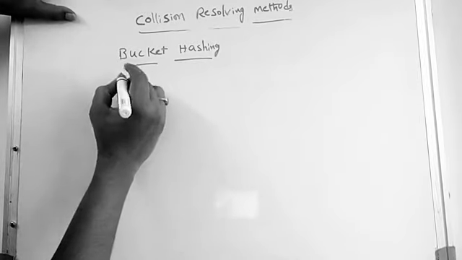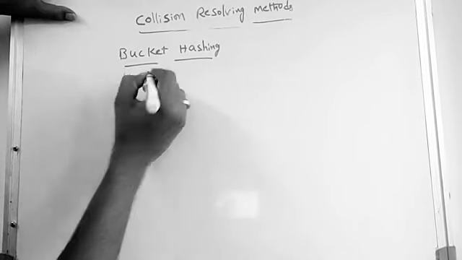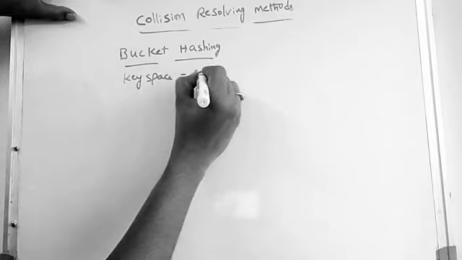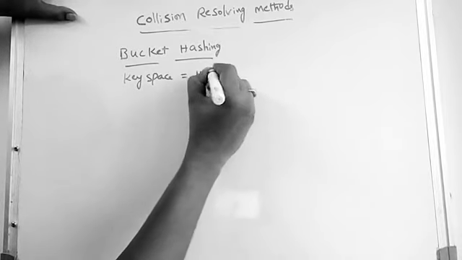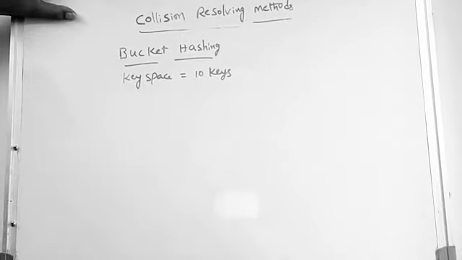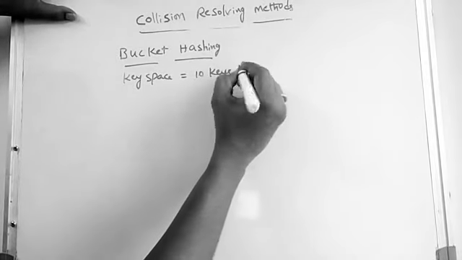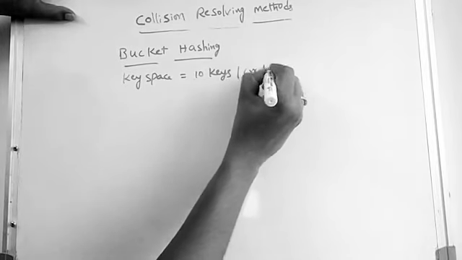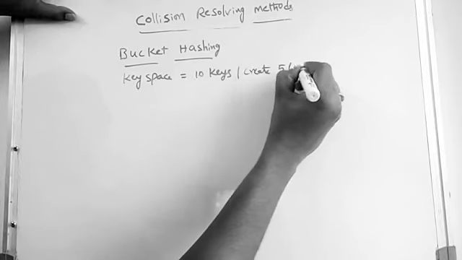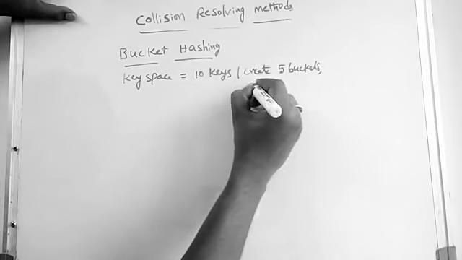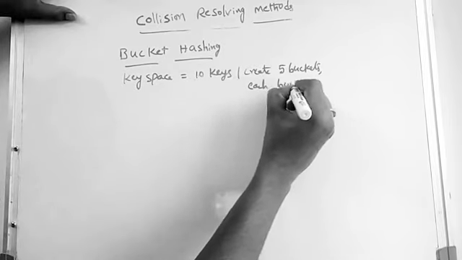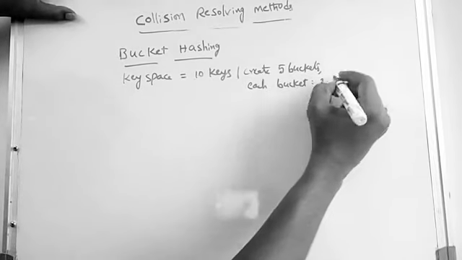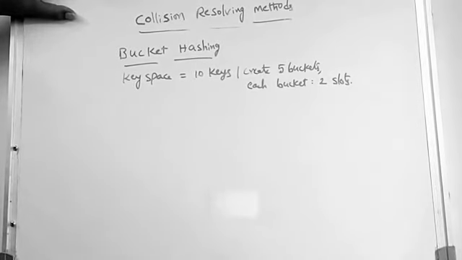So let us take my key space having 10 keys, and I create 5 buckets, and each bucket is having 2 slots, each bucket having 2 slots.